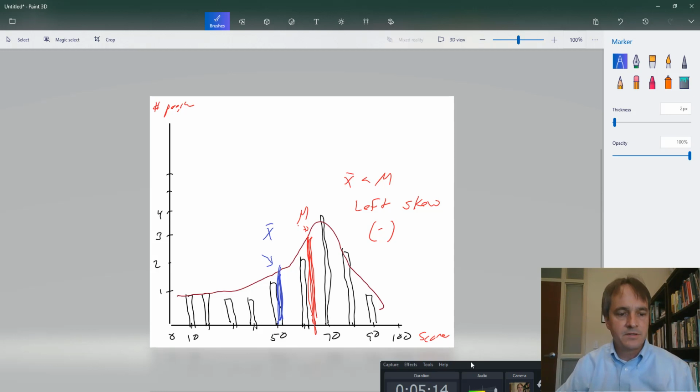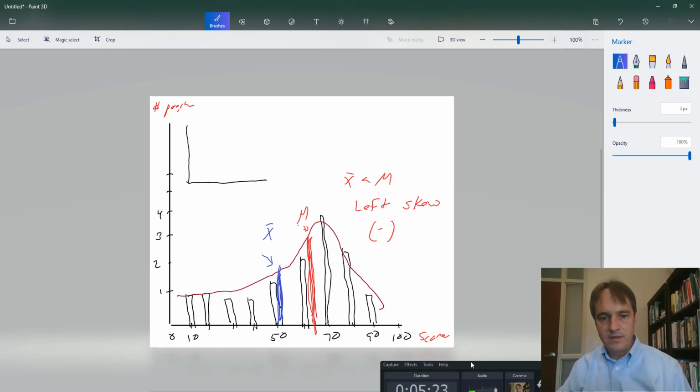Okay, the other situation, and I'll just sketch it up here really quickly, I'll just go straight to the smooth part of it. We might have a distribution of scores that actually looks like this, where we had a kind of a lump down here low, and then we had some folks way out to the right, like this.